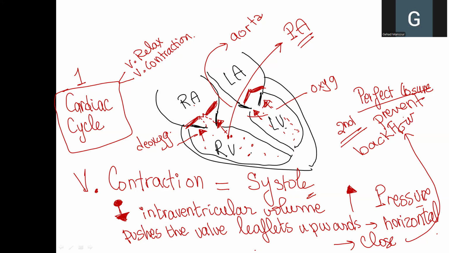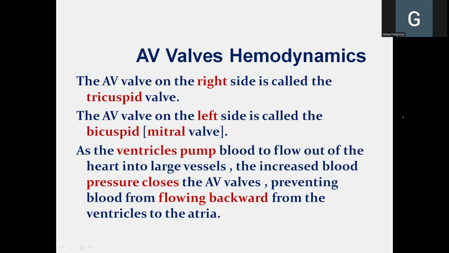So why do the valves close? They close because they are pushed upward. This is the mechanism of how they close. When the ventricles contract, the pressure inside the ventricular chambers increases, the leaflets are pushed upward, they become horizontal, and they perfectly close. But what's the goal of closing them during ventricular contraction? To avoid regurgitation or backflow of blood from the ventricles to the atria.